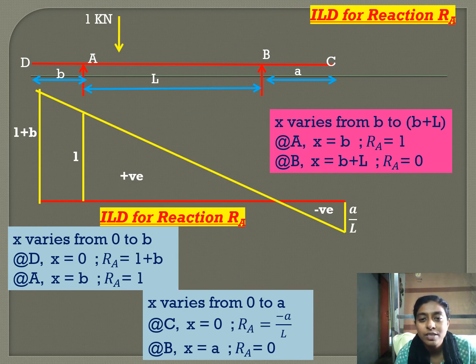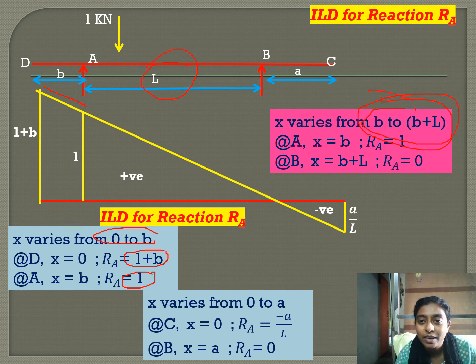Now we will draw the influence line diagram for the shear force at reaction RA. Totally we have three portions. The first portion is varying from 0 to B. It is 1 plus B to 1. For the second portion, when the unit load is in the portion AB, X is varying from B to B plus L, because L is the span length of AB.